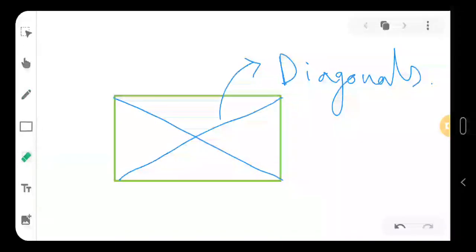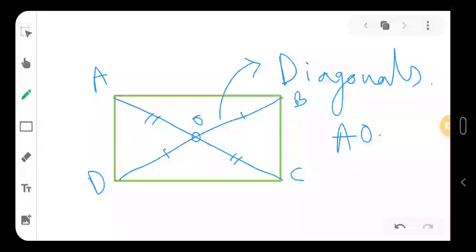If we take a look at the diagonals, we can see that there is a common intersecting point, and this intersecting point divides this diagonal into two equal parts and this diagonal also into two equal parts. So if I give some names A, B, C, D and O, then OA will be equal to OC.